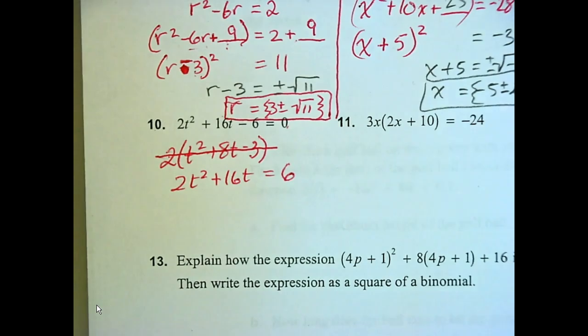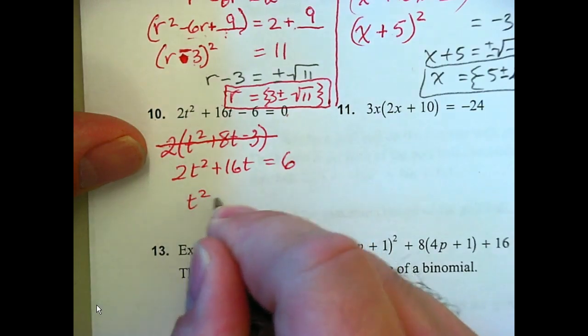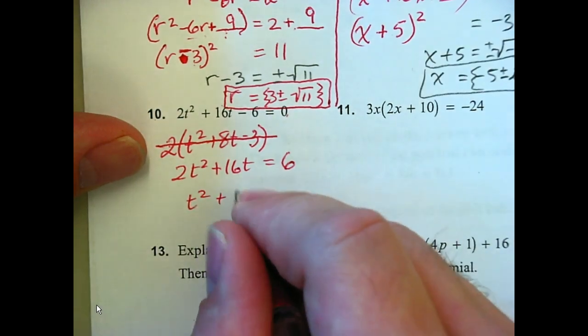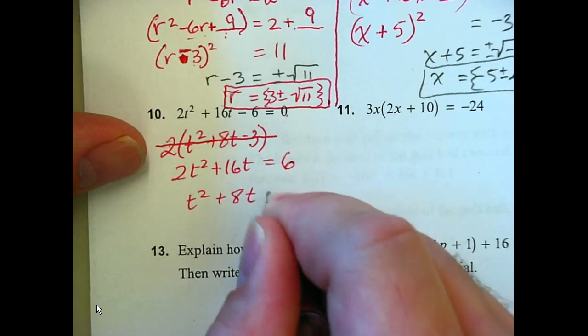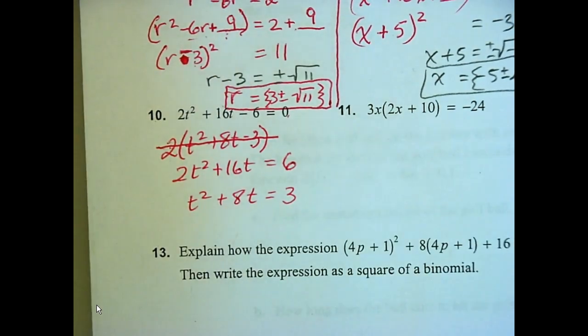Because if I move the 6, now when I divide by 2, what happens? Now you're getting rid of it. Yeah, man, and that problem looks a lot nicer.